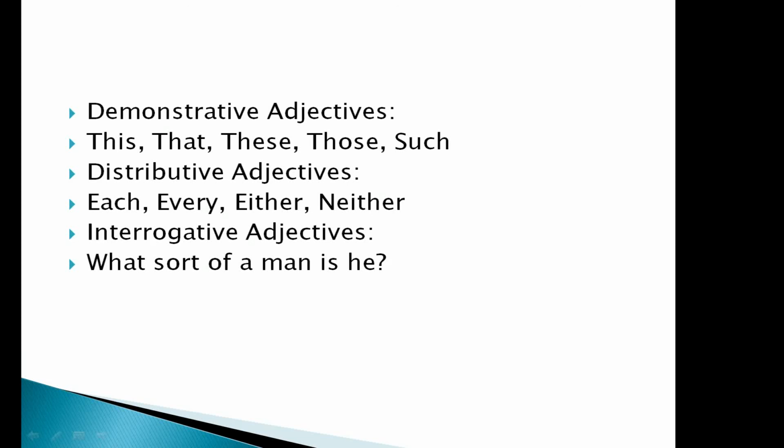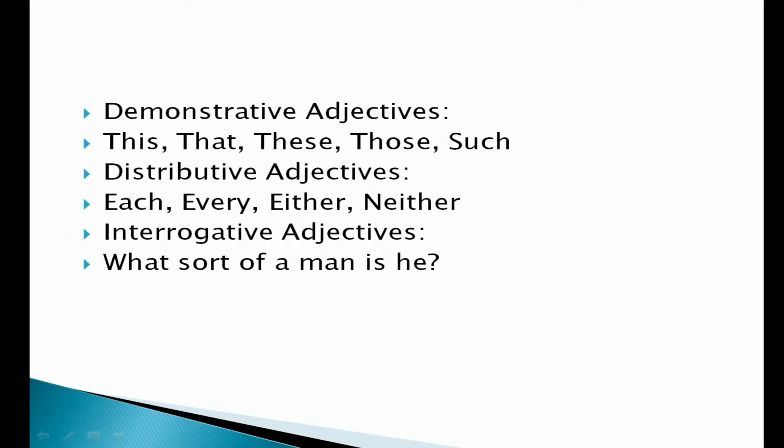Now, the last one is interrogative adjective. To cite an example, what sort of a man is he? Here in this sentence, the word what is an interrogative adjective. So remember that adjectives give us information about nouns and pronouns, and they answer questions like what kind, what color, what type, what size, etc.